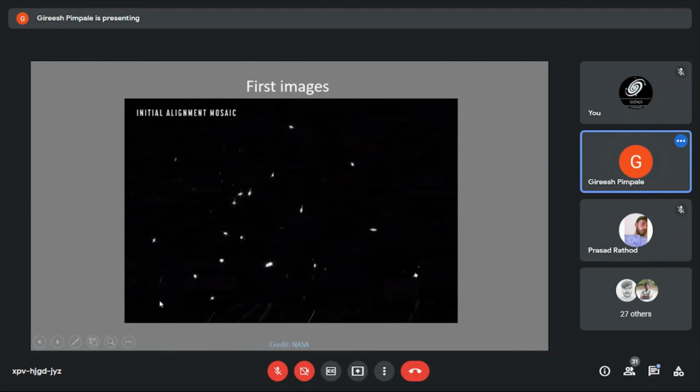So what was the first image? See, the star was single, but you see many images of the star. And if you count them, the images are 18 in number. I have told you that the primary mirror has 18 segments. So all those 18 segments have formed 18 images. Actually, only one image should be formed. It means that the primary mirror was not aligned at that time. So it was part of the alignment.